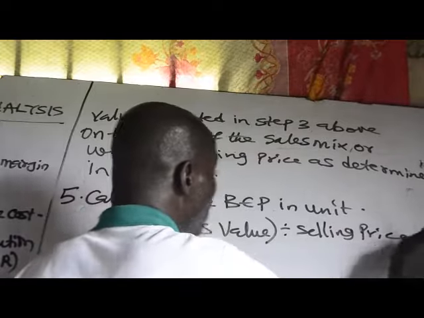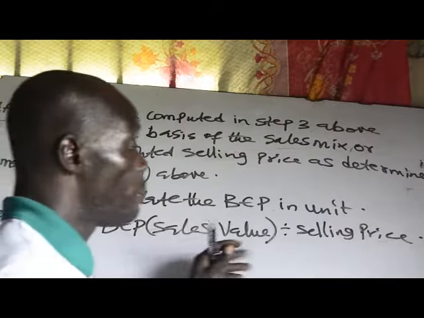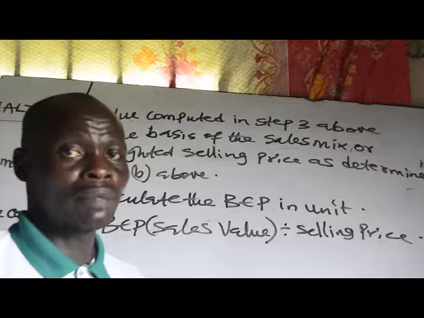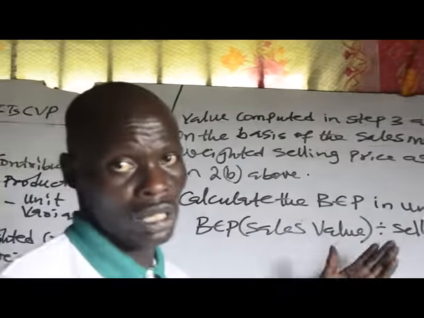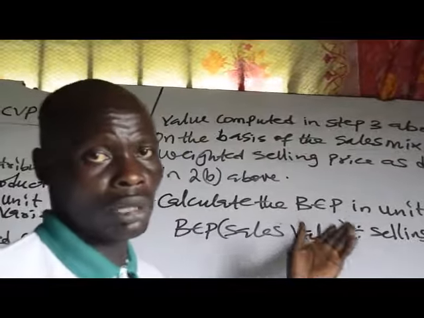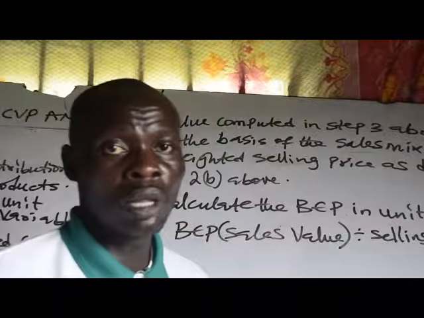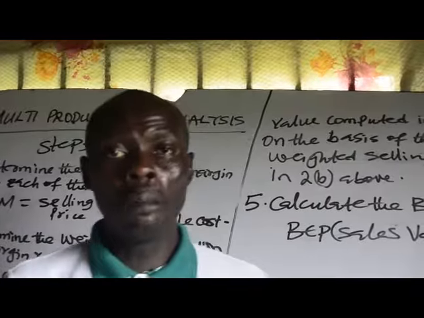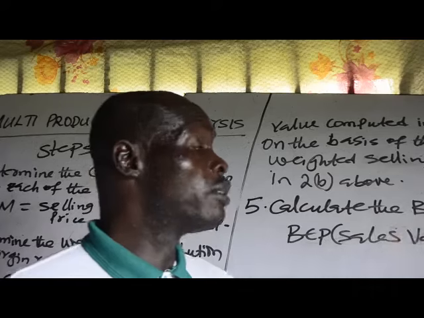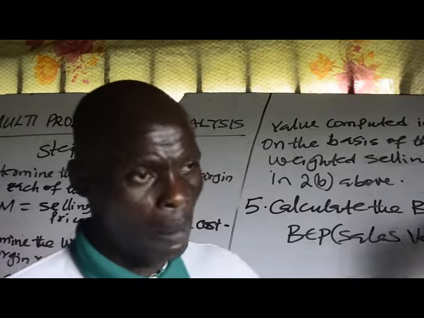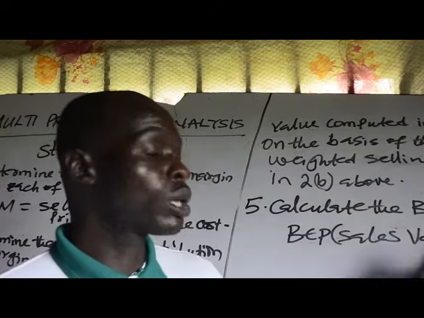So you divide the BP in sales value by the unit selling price. That will give you the break-even point in units. These are the steps to follow in computing your break-even point for multi-product companies.